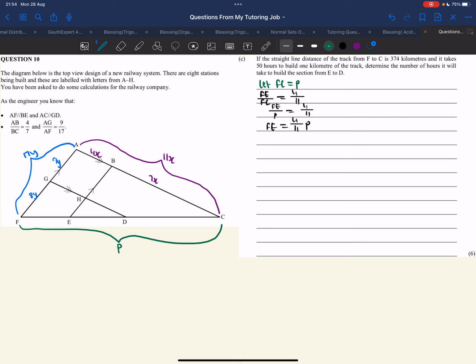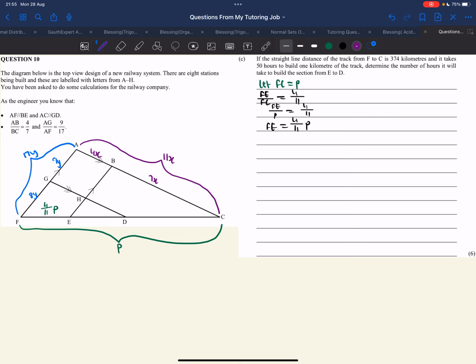So let me just write that. So FE now, I just find it to be 4 over 11p. Now what I need to find is DC. To find DC, I'm going to use a different color, which is purple.